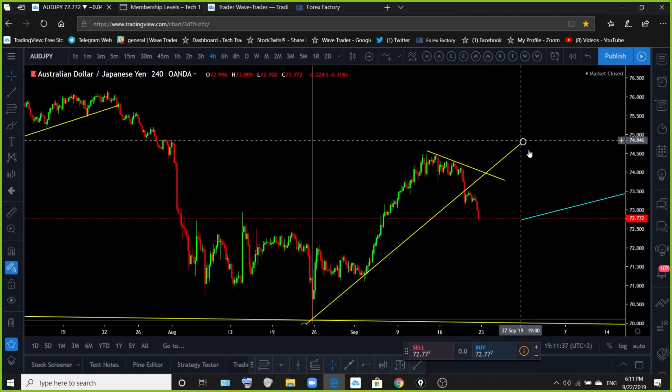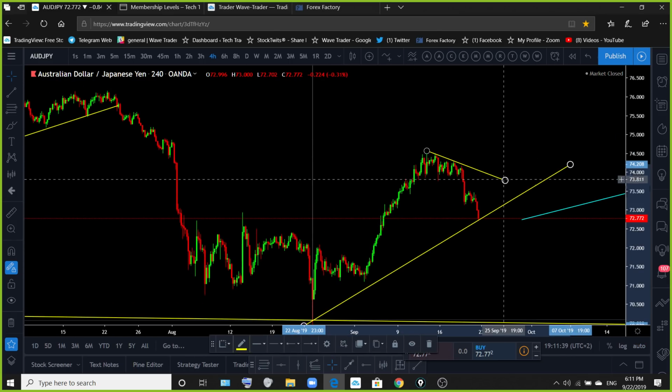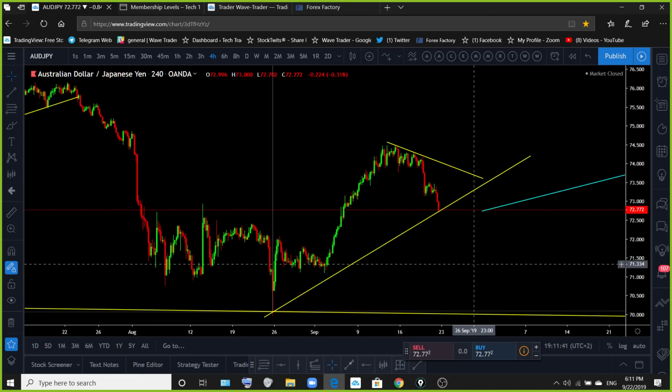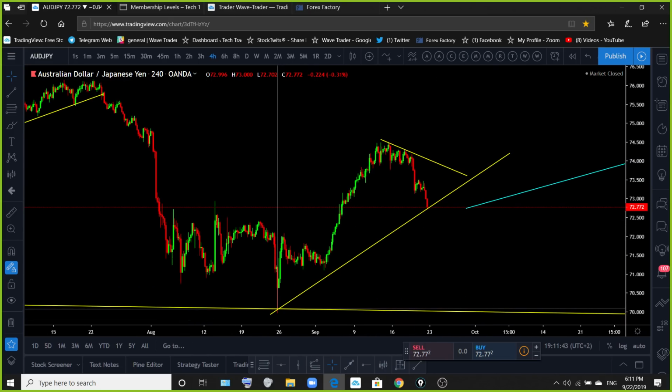All right, so this is your structure. So another correction, keep pushing lower. Before you trade into this direction, let the price correct over there.